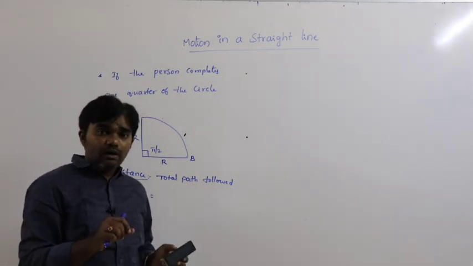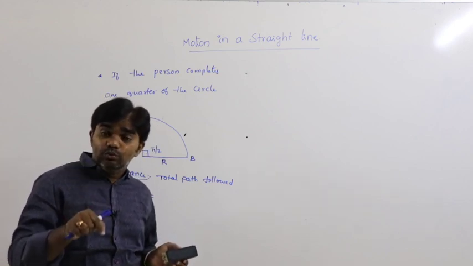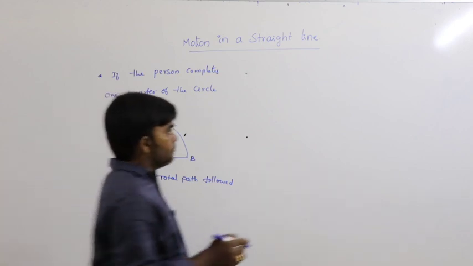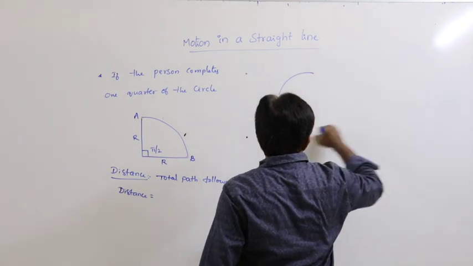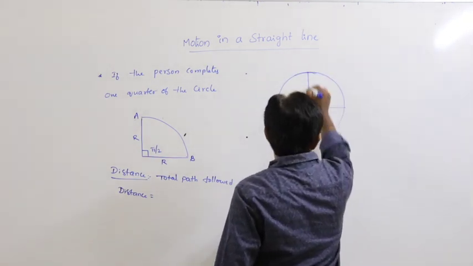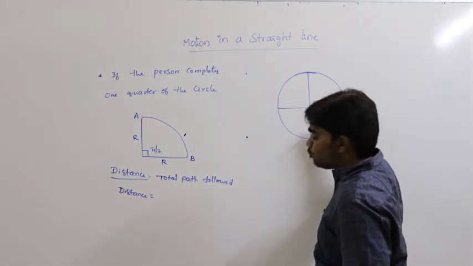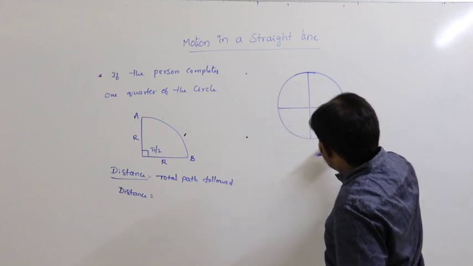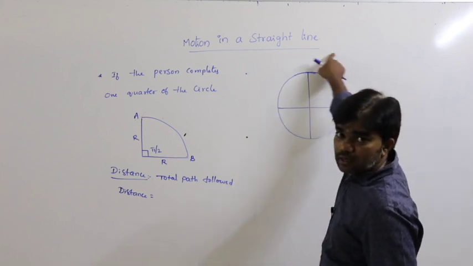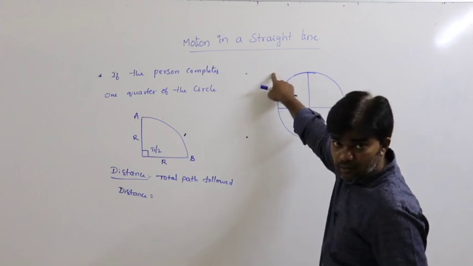Circumference of the half circle is 2 pi r by 2. So generally let us say it is the circle, it consists of 4 quadrants. This is one quadrant. The total circumference of the circle is 2 pi r.